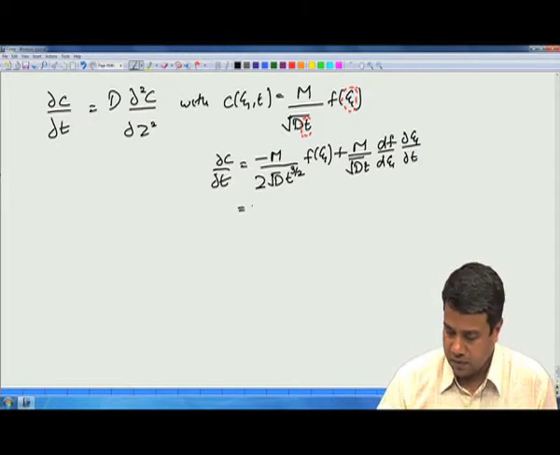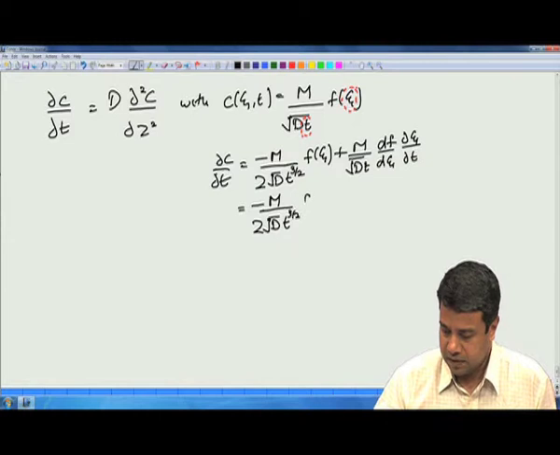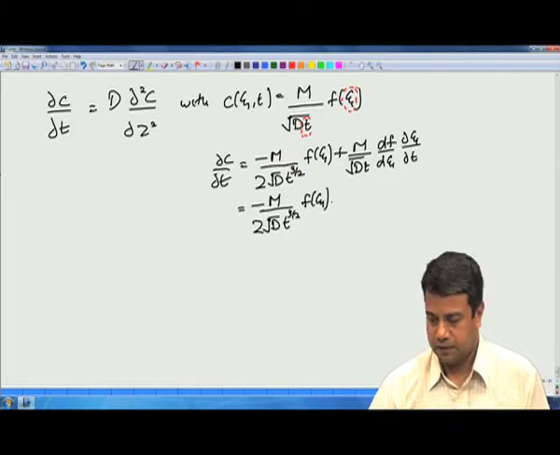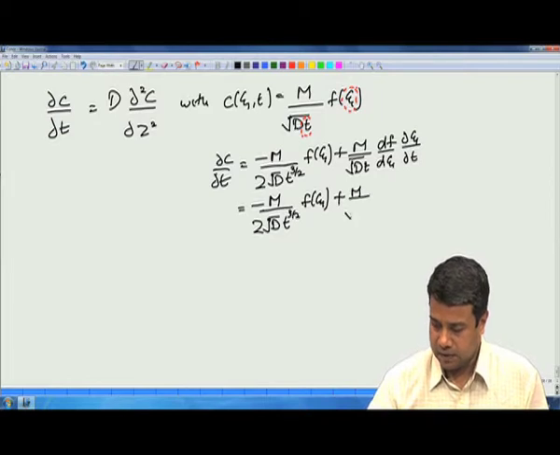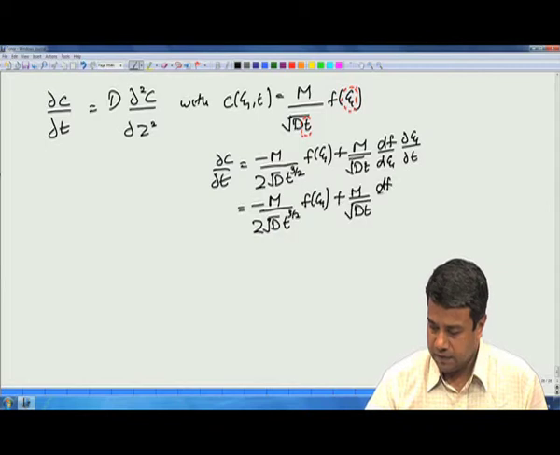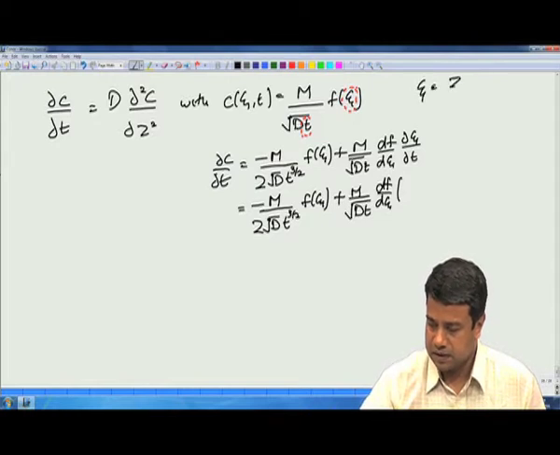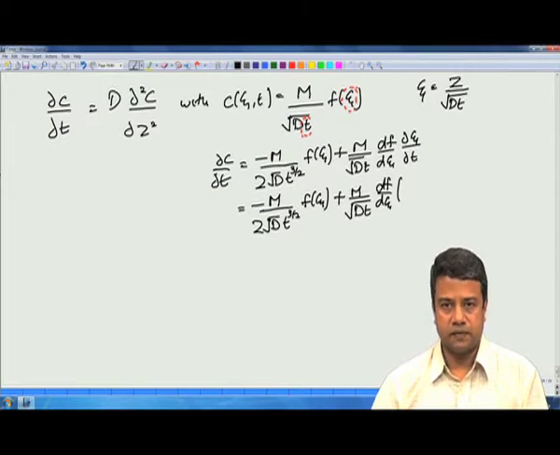So, this is equal to minus m by 2 root D t to the power 3 halves f of psi, plus m by root Dt times df by d psi into, recall that psi is equal to z by root Dt. That was our similarity variable.